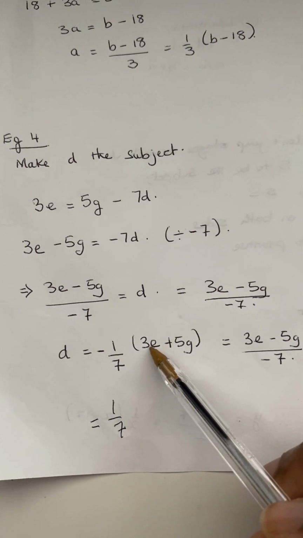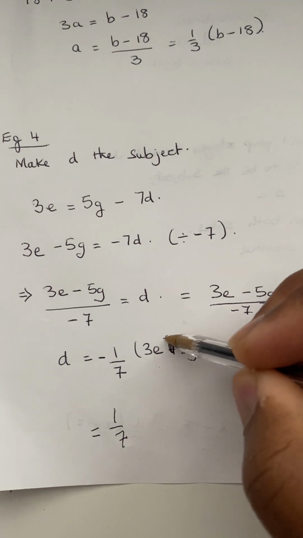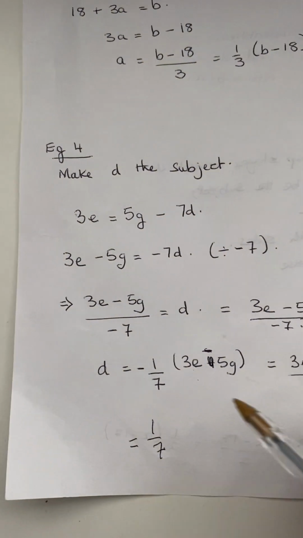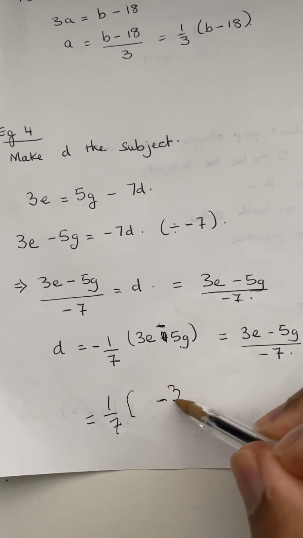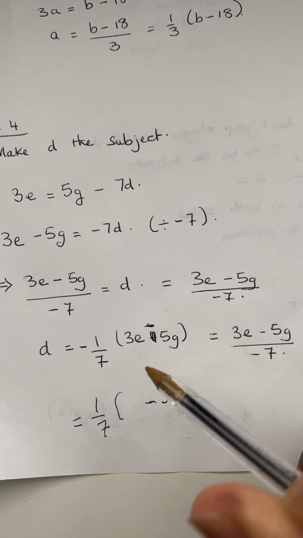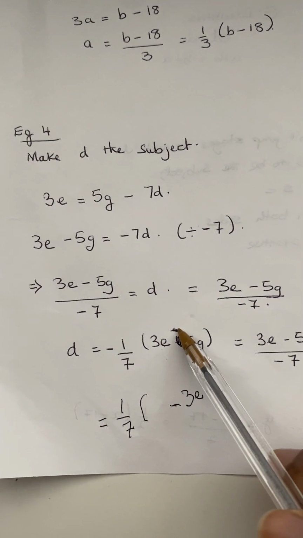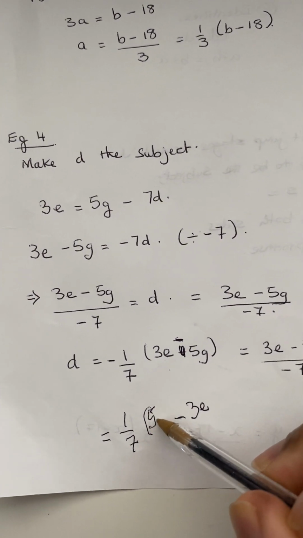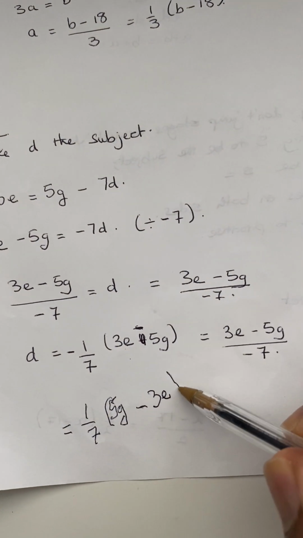So if the minus affects 3e, in bracket I can have minus 3e, but minus times minus is plus, so I can have 5g.